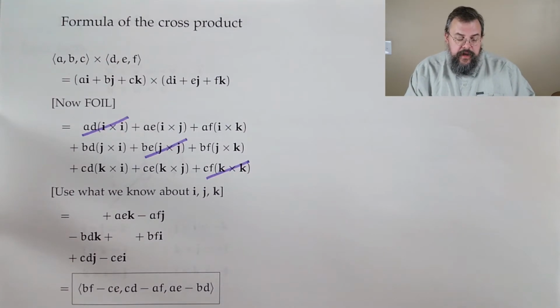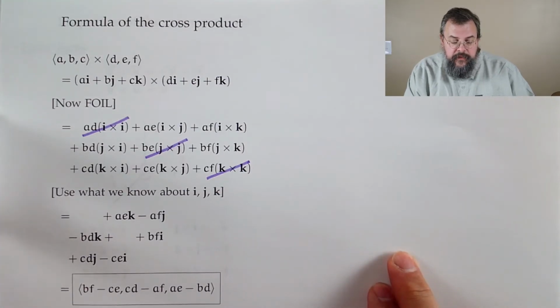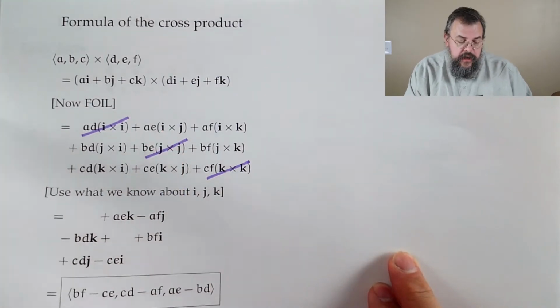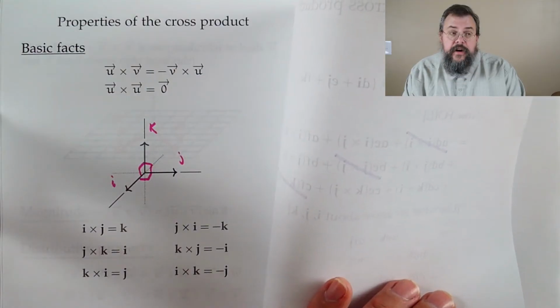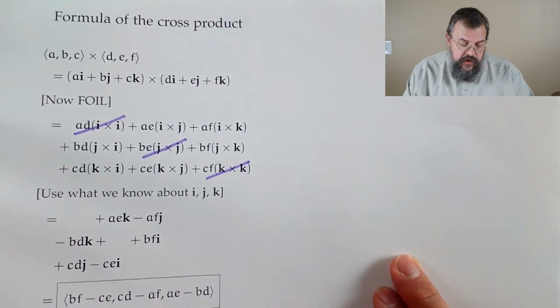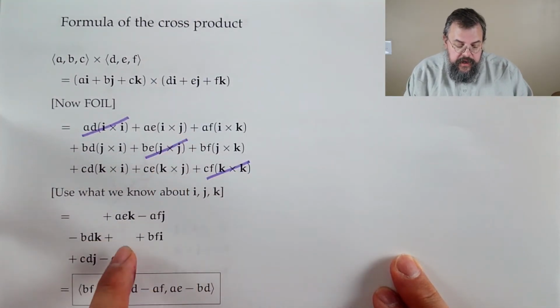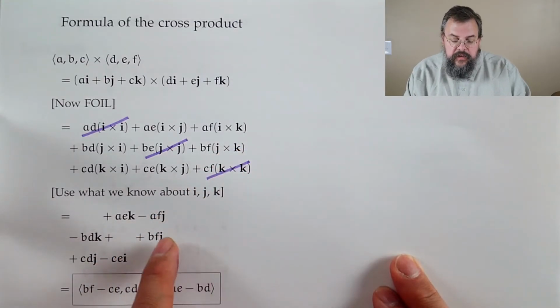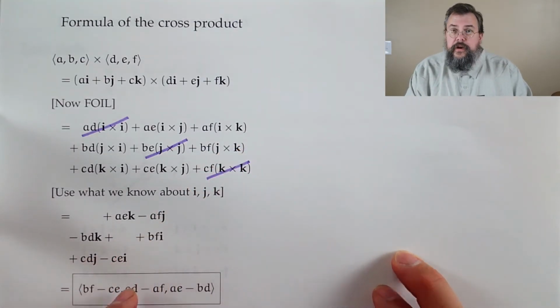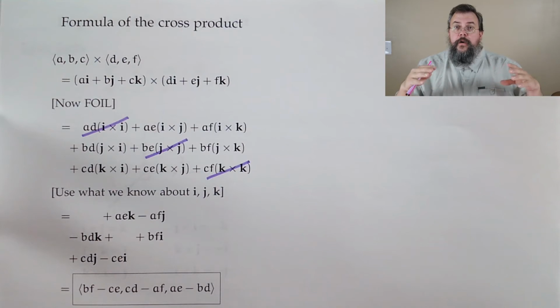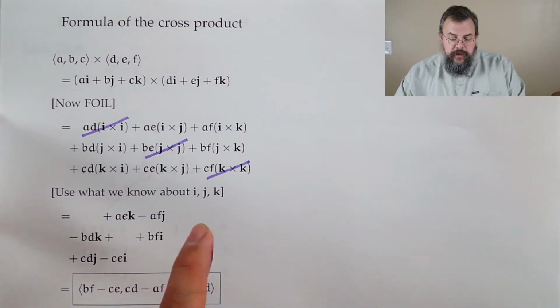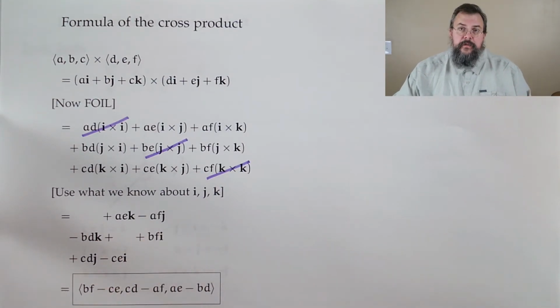So for instance, we go back to what we just talked about. If I want to know what is i cross j, well, we look at the picture, i cross j is equal to k. So that we can replace this by k. i cross k is negative j, and so forth and so on. So you just go through and work them out one by one. There's 6 things that have to be figured out, and they're pretty quick to derive.